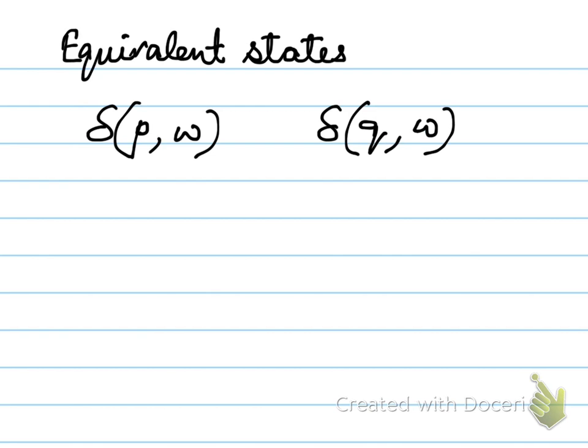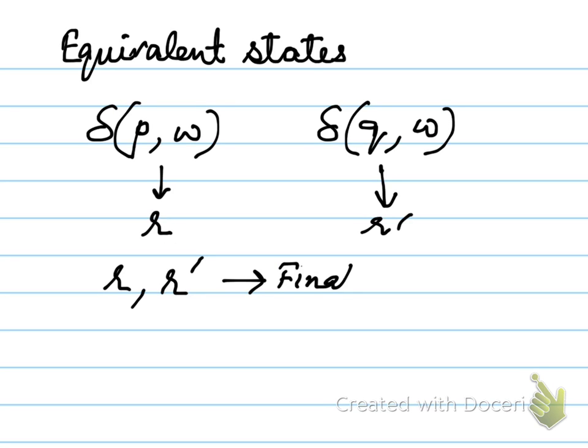These two states are said to be equivalent if this transition gives us a state, say R, and this gives, say, R dash, and both R and R dash are either final states or both are non-final states.